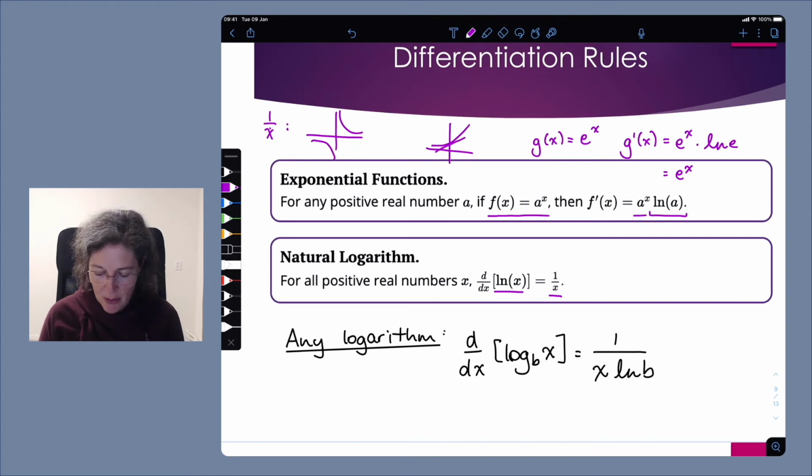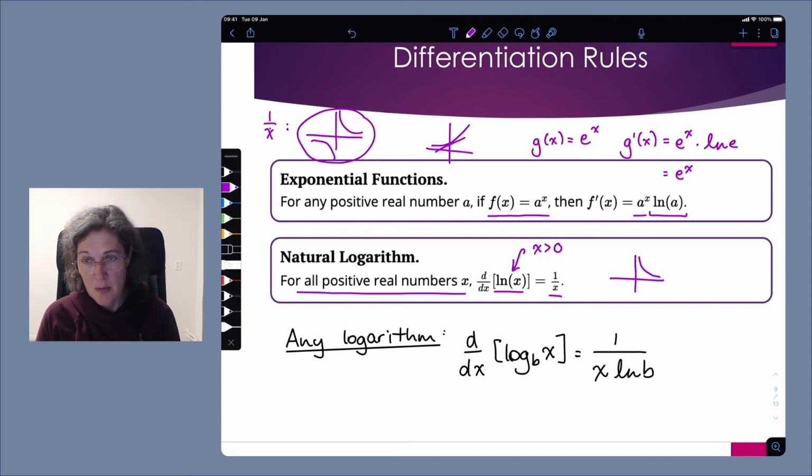But of course, remember that our natural logarithm is only defined for x strictly bigger than 0. So what this is really saying is for all positive real numbers x, the derivative of the natural log of x is 1 over x. And then we end up with this, rather than both parts there.